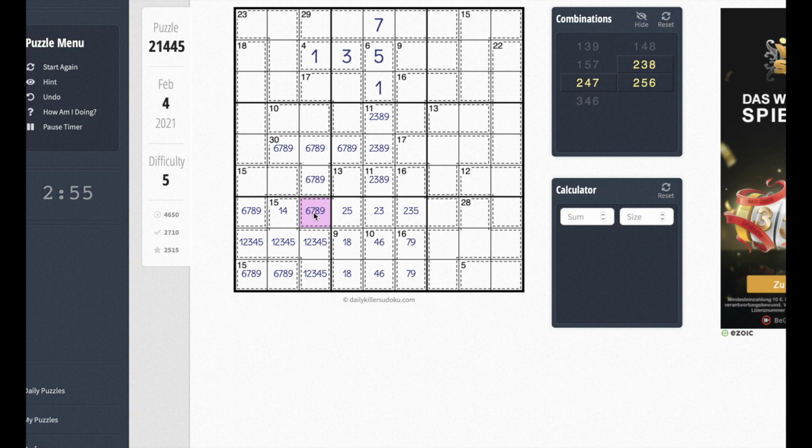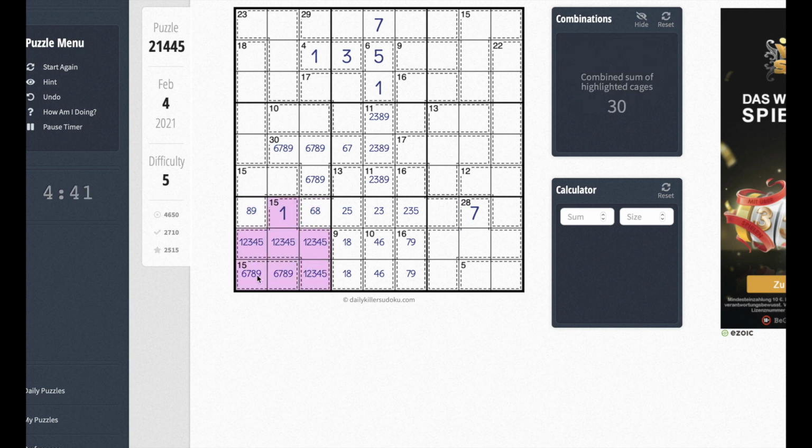So that can't be 9, which means that can't be 6. 2, 3, 5 in here. 2s, 3s and 5. So those have got to add up to 8. Well, that's nice, because look, it can't be 4, because you can't have 4 and 4 in one row. So that's a 7. So let's take 7s out of there.